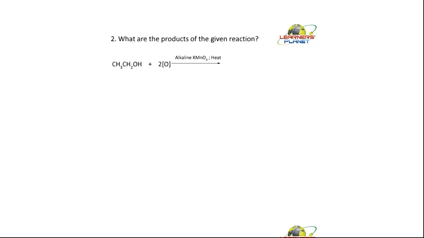It is, what are the products of the given reaction? So what will be the products formed here? It is alkaline potassium permanganate. Remember students, we are not burning it. We are not treating it with excess oxygen and heating. We are treating it with an oxidizing agent. So it won't be completely converted into carbon dioxide and water.